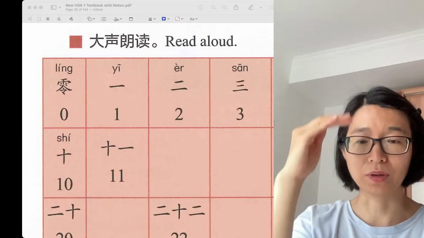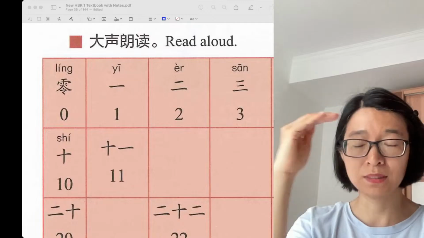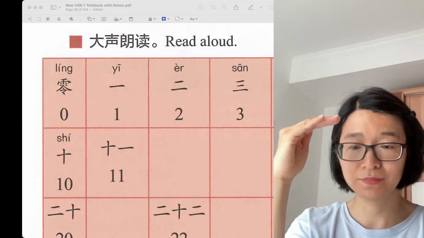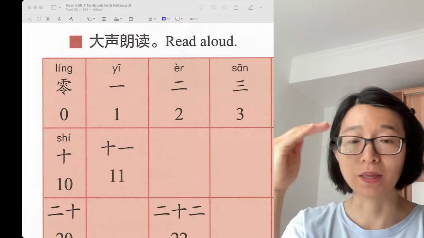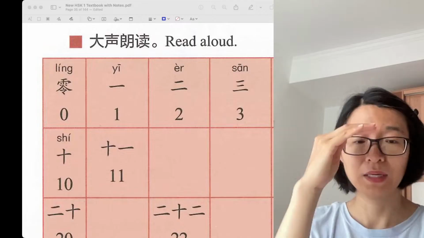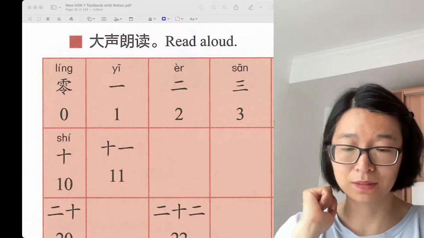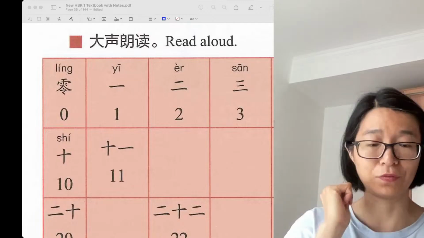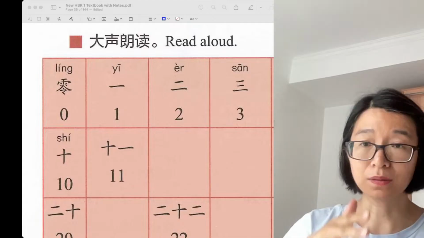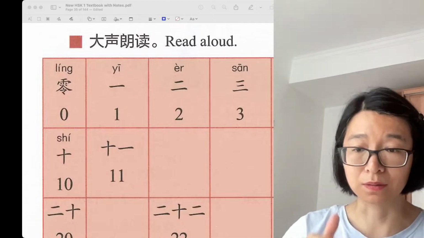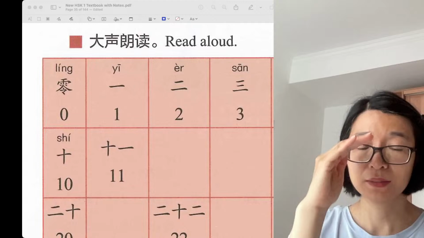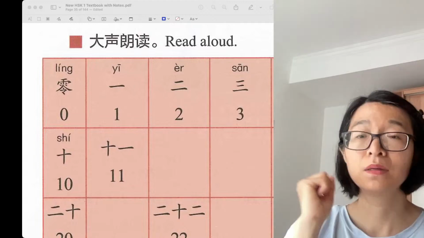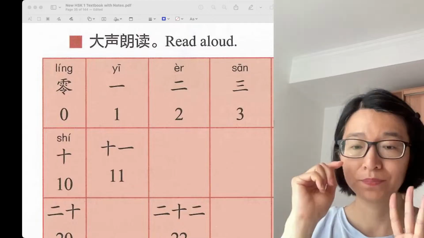Okay, 一 is high and long and flat. How about 二? 二 is a falling tone. So 二, and then 三. Okay, number 4, 四.